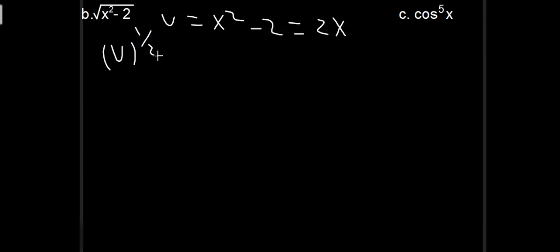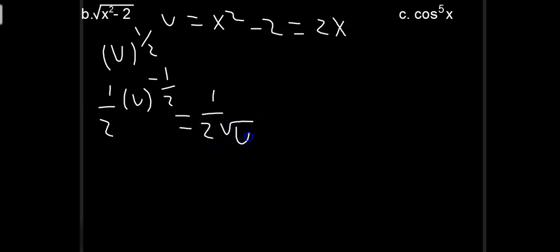Now I derivate this thing, so I get 1 over 2 times u to the power of negative 1 over 2. I can bring this down and get rid of the negative, so it will be 1 over 2 times the square root of u.